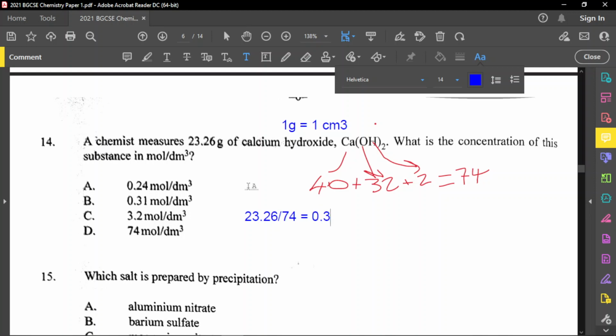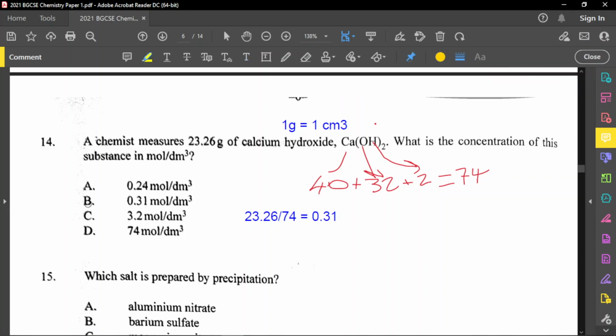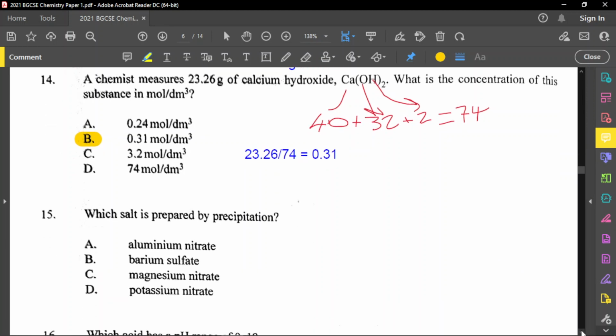All right, not 0.2, 0.31. And so the answer here is going to be B, with the assumption that we account for the volume of the solution, for example, the standard solution in 1,000 centimeters cubed, which is 1 dm cubed. We can just make that assumption right there. So that is mole per volume, or per dm cubed, of the substance.